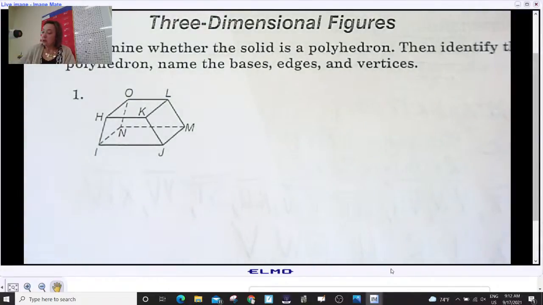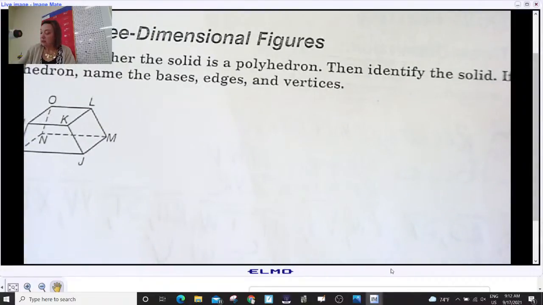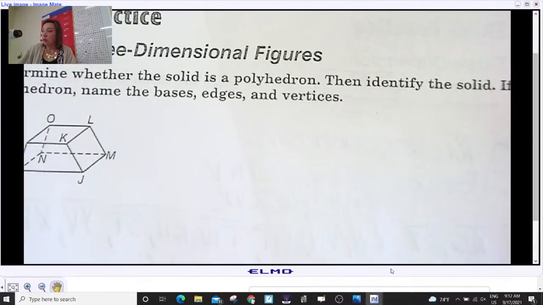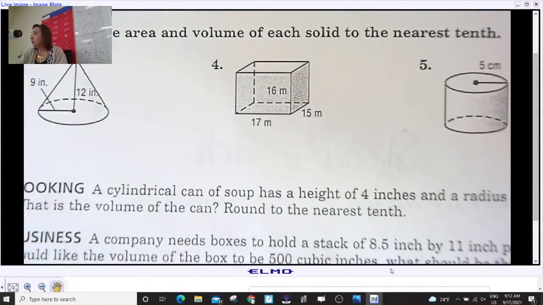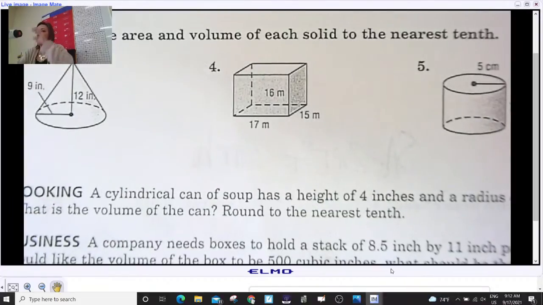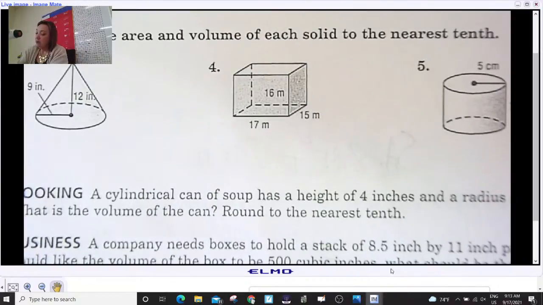On 3, 4, and 5, there are 2 answers, and I set it to where it doesn't matter which one you put in which box, it'll still count them right. So it's not like you have to put surface area in one and volume in the other. Whichever one you put in which one, it'll count them right.